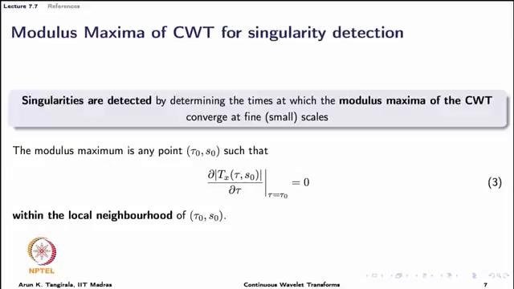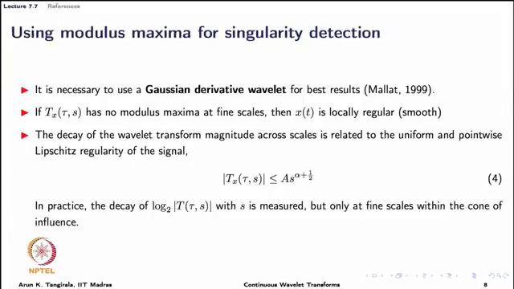So, that is the first feature, that we follow the lines of modulus maxima, and the second one is that it is necessary to use a Gaussian derivative wavelet for best results. That is, if you do not want any ambiguities. What kind of ambiguities can arise?